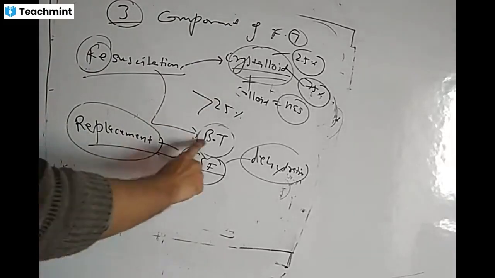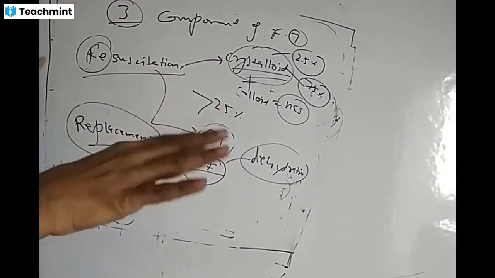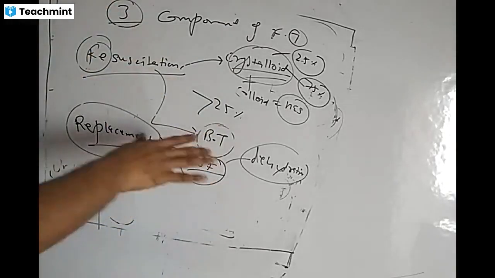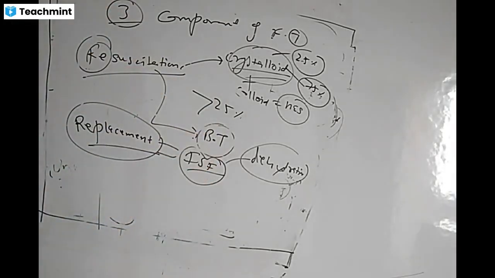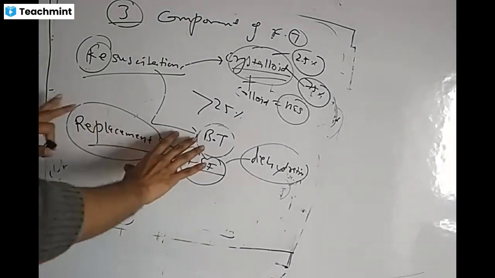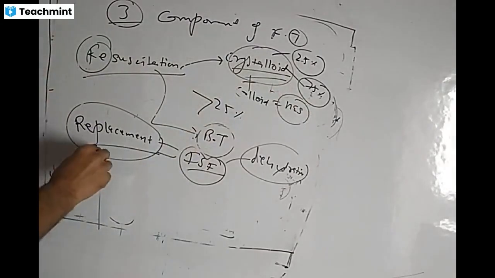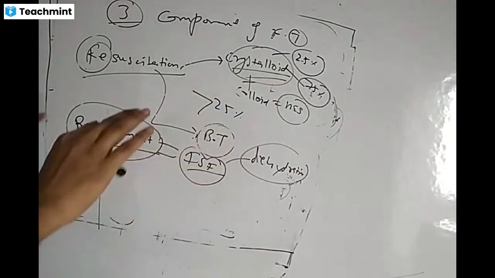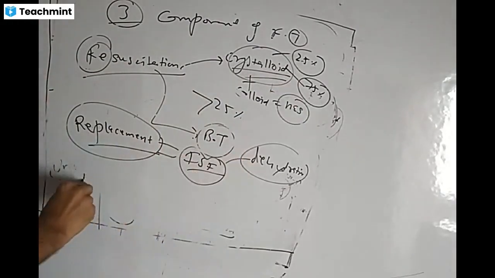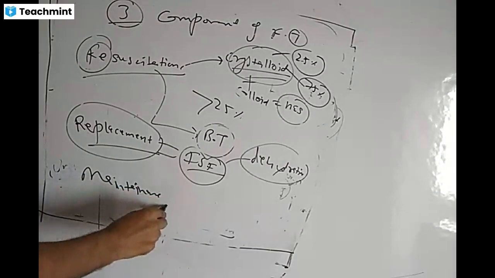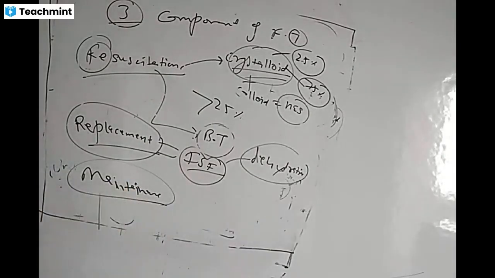Check whether there is interstitial fluid loss or not. If it is dehydrated, then go for the replacement crystalloid. If it is okay, then stop at this point. After replacement, if it is rehydrated, then we can go for the maintenance component of the fluid therapy.